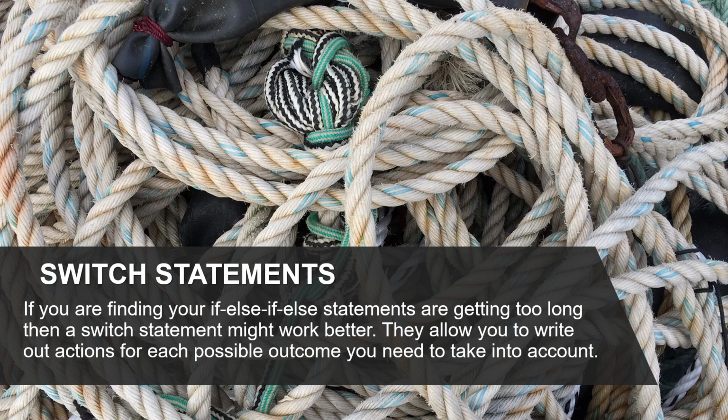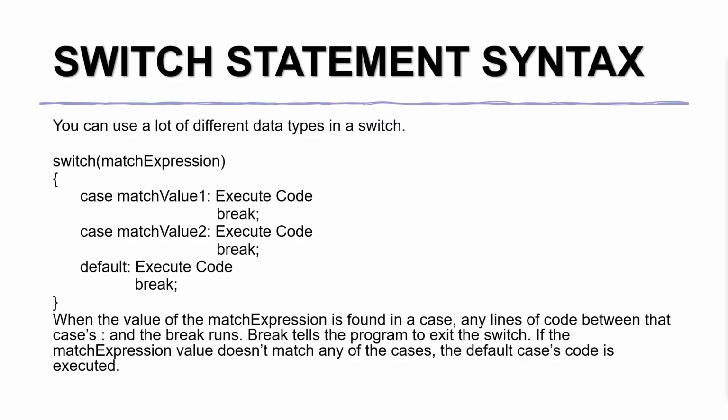It allows you to write out actions for each of those possible outcomes that you need to take into account. So it's a nice, simpler way to write a giant if-else if block. The syntax of it is a little bit different.